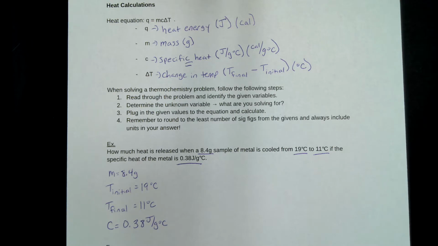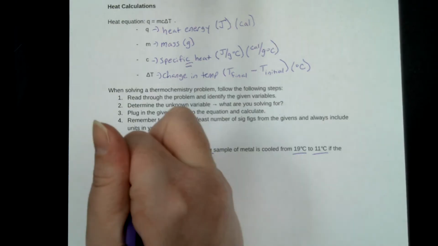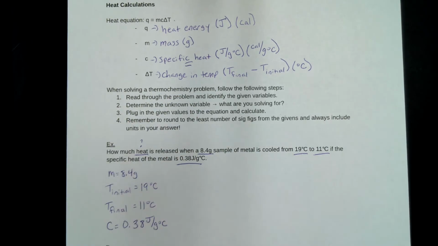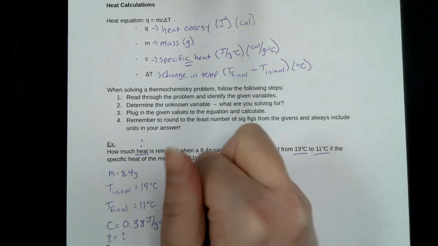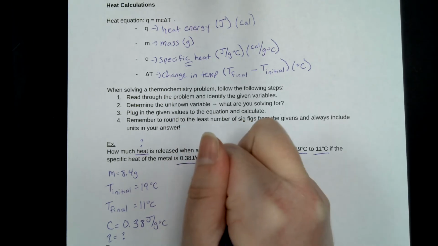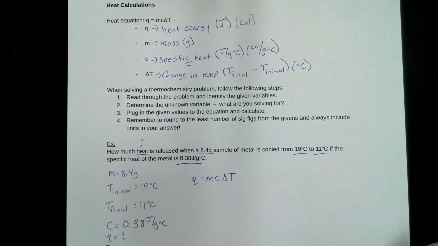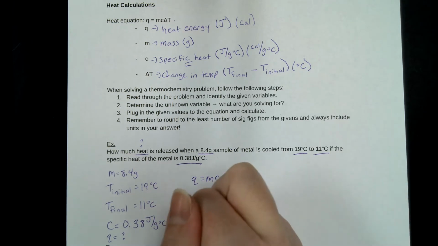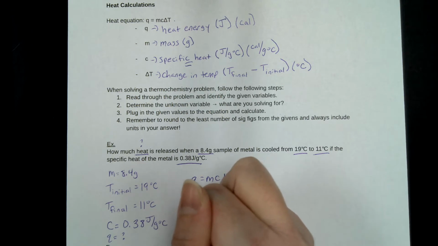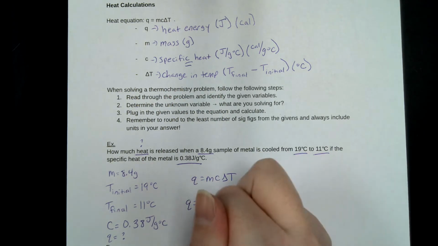So my question is asking for how much heat is released. So heat is Q. So therefore, in this problem, we are solving for Q. That is our unknown. So now we'll plug in our values to our heat equation. So we are solving for Q, but mass is 8.4 grams.